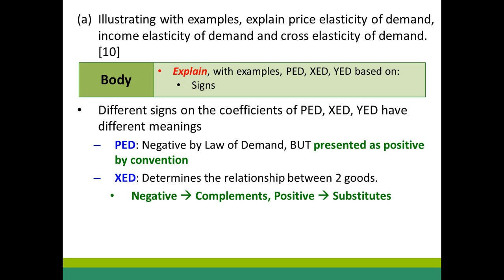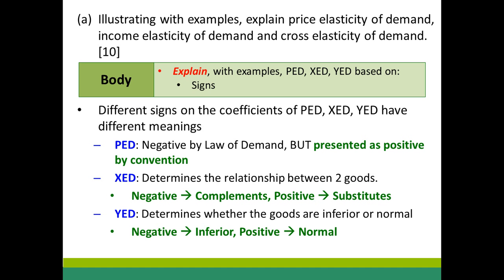For XED, if the sign is negative, it shows that the relationship between these two goods are complements. But if it's positive, then the relationship between the two goods are actually substitutes. Okay? For YED, if it's negative, then the good is an inferior good. But if it's positive, the good is a normal good. Okay?